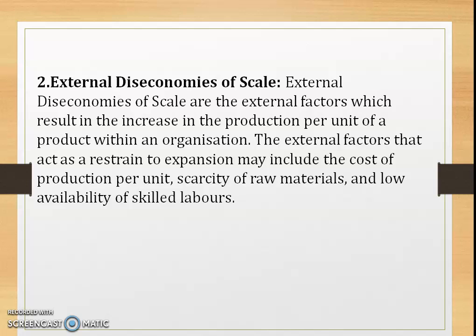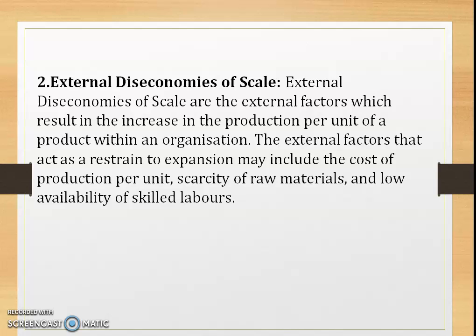And the second one is external diseconomies of scale. So the external diseconomies of scale are the external factors which result in the increase in the production cost per unit of a product within the organization.